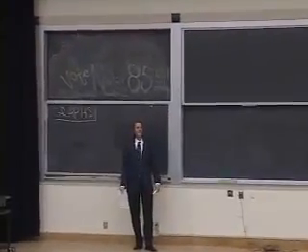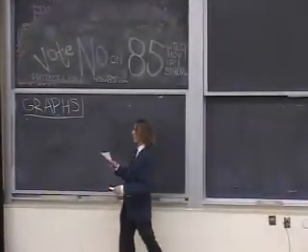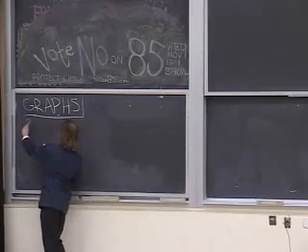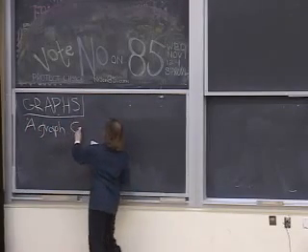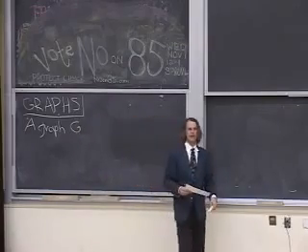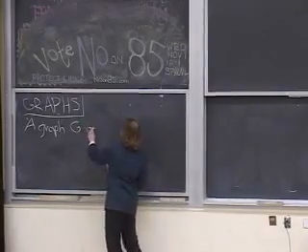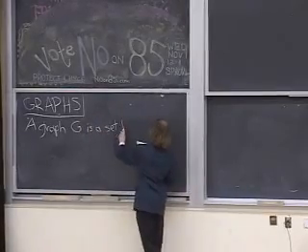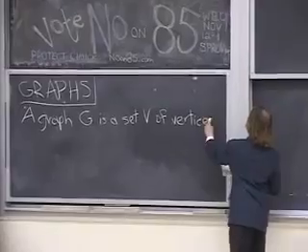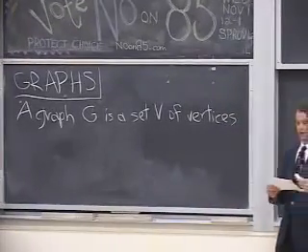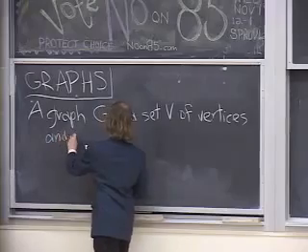Some of you guys have seen graphs in classes like Math 55 and so forth, or CS 70 maybe. What's a graph? Usually we give a graph a name, call it G. A graph is a set of vertices, which are sometimes also called nodes, and a set of edges that connect them together.